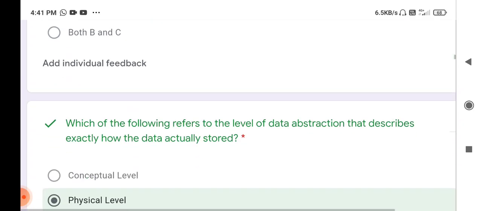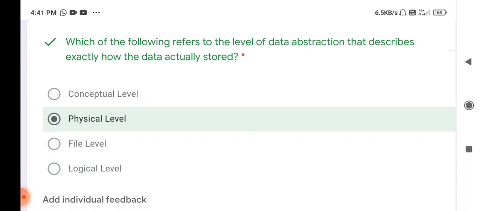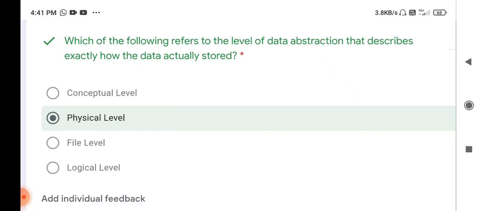Next question is, which of the following refers to the level of data abstraction that describes exactly how the data is actually stored? For this question you must know the concept of levels of abstraction. The question asks about describing exactly how data is actually stored.